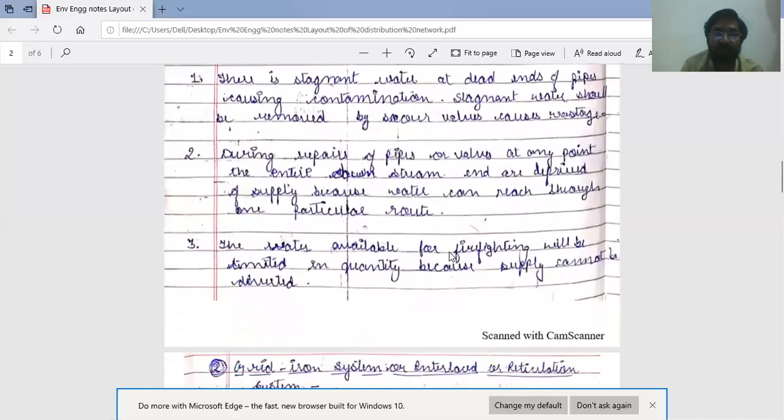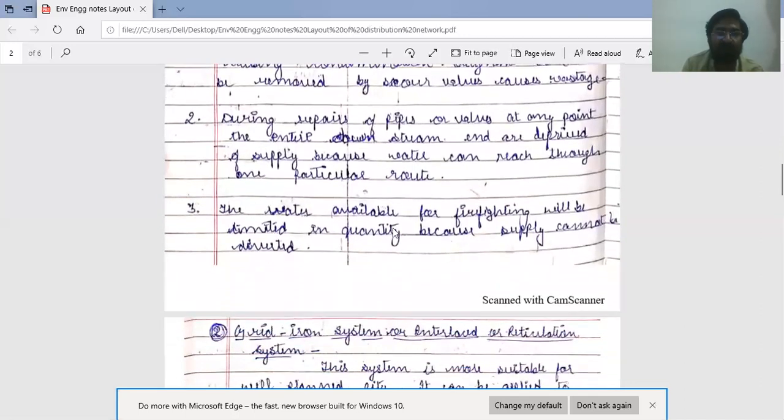So that route water supply is disturbed. Third is the water available for firefighting will be limited in quantity because supply cannot be diverted.